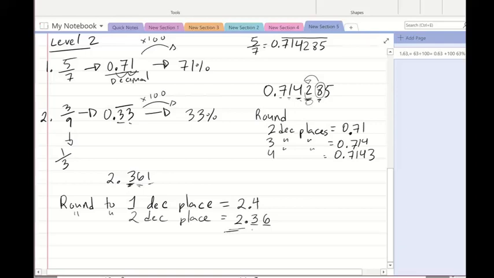Whatever's on the right of the decimal, that's what the concern is going to be about, right? So it doesn't matter if this was a 2 or a 12 or a 712, right? All those numbers are going to remain. When you round to decimal places, you're going to be focusing on what's after the decimal, not what's before the decimal. All right? So let me just clean this up.